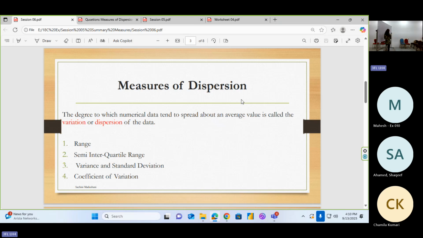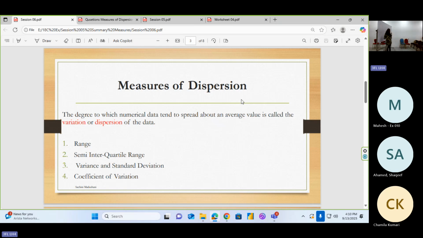Before finding the variability, the first thing we need to identify is the center point in our data set. Tell me, how do we find the center point using what? Central tendency measurements. Using the central tendency measurement, we can identify the central point.